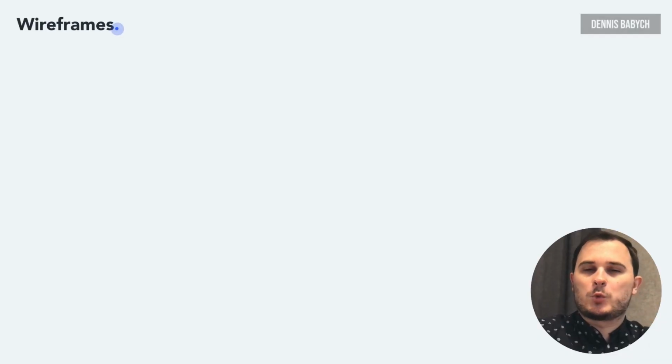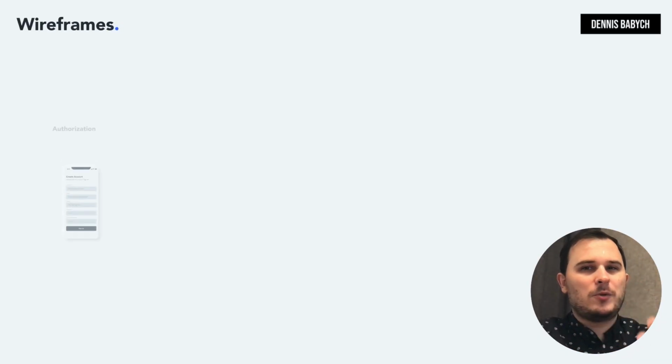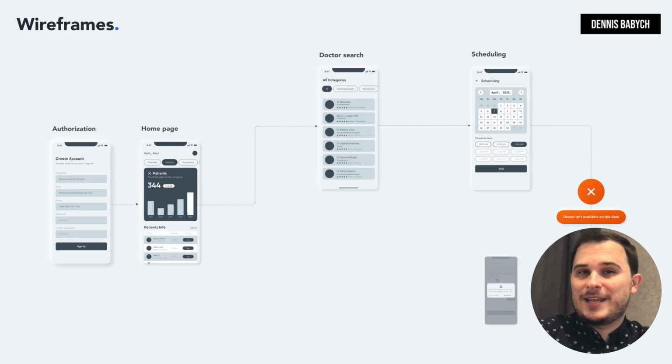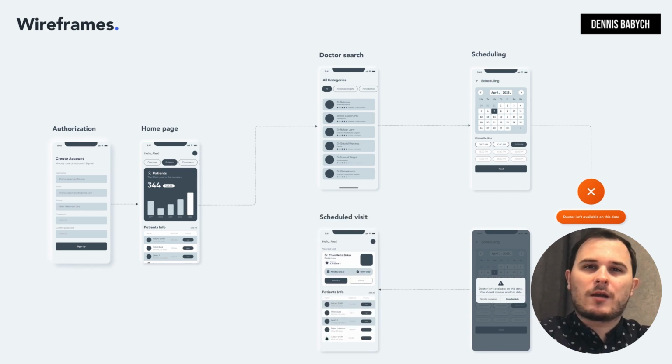Alright, let's talk about wireframing. Wireframes are the blueprint of your app's business logic, where you create every possible user scenario and case. It helps you uncover all the hidden or unexpected scenarios. For example, let's say you are in the process of creating your dental CRM. You've covered the basic functions like user authentication, doctor search, and scheduling functionality.